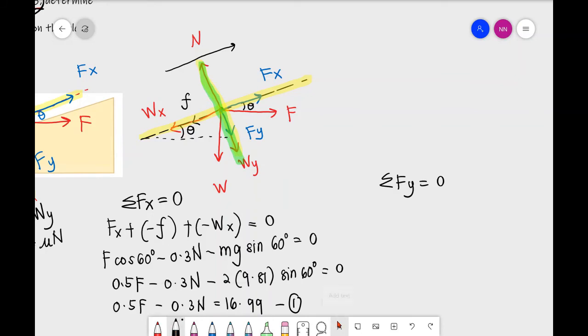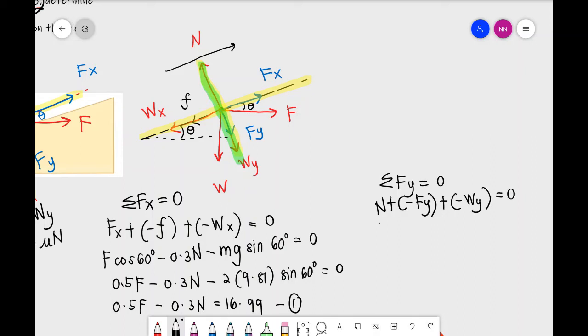So it becomes N plus negative Fy, because Fy is downward, plus negative Wy, because it is downward.